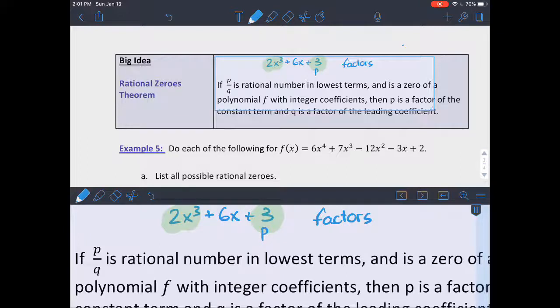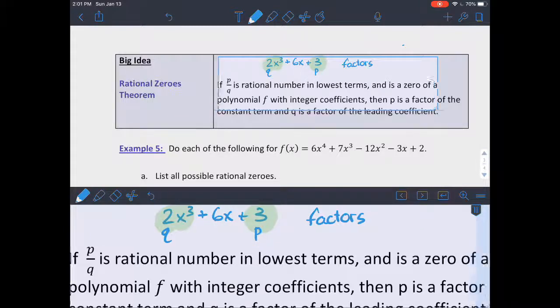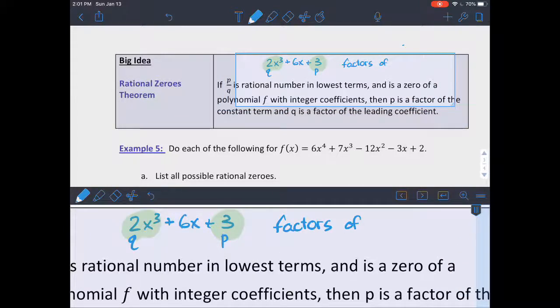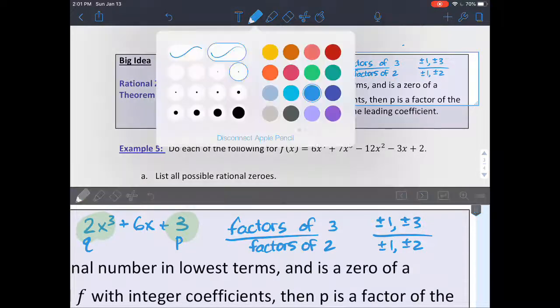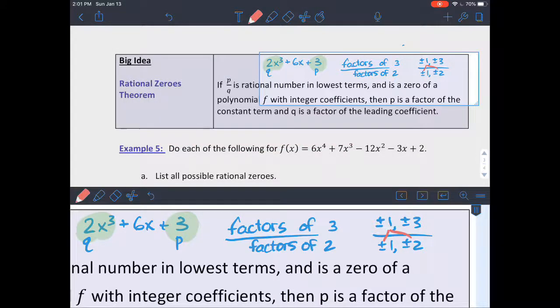If you take all possible combinations of those, which they call your constant and your leading coefficient, p and q, if you actually read this theorem. If we do all combos of factors of 3 divided by factors of 2, that's every value that could possibly make our polynomial equal to 0. Which is good, because otherwise there's like an infinite number of possibilities.